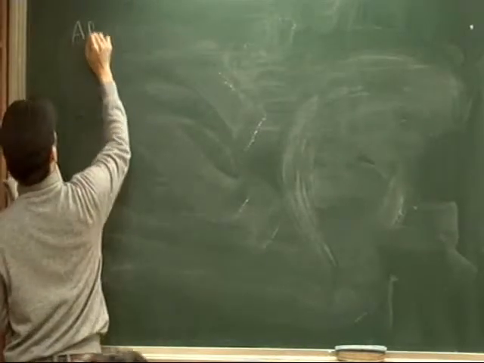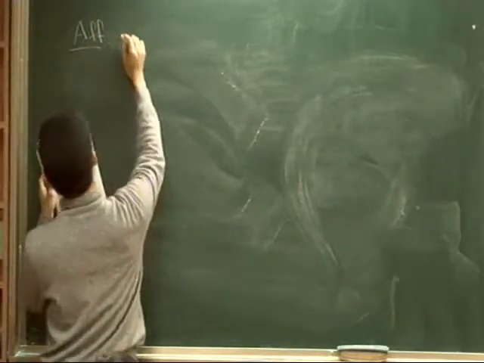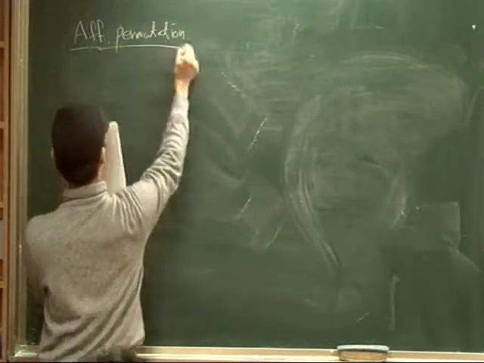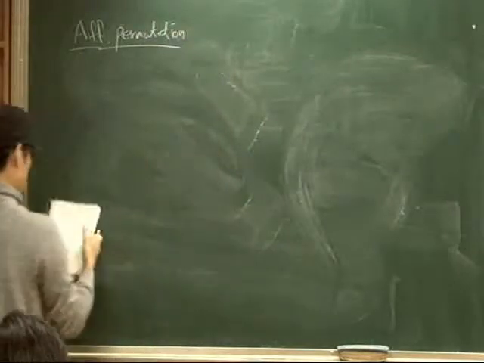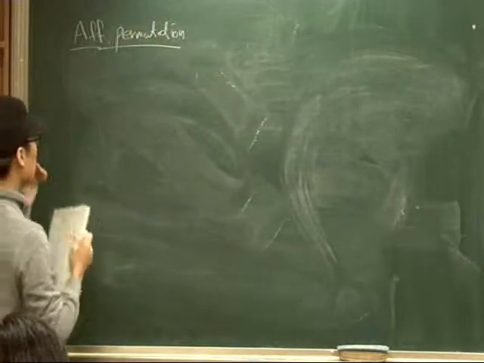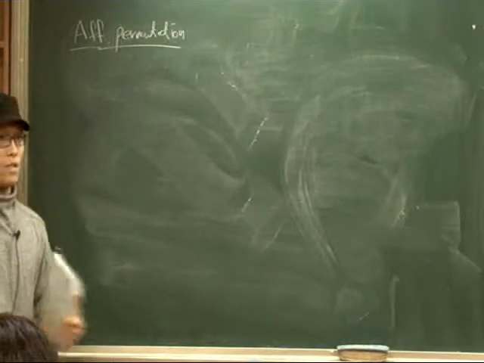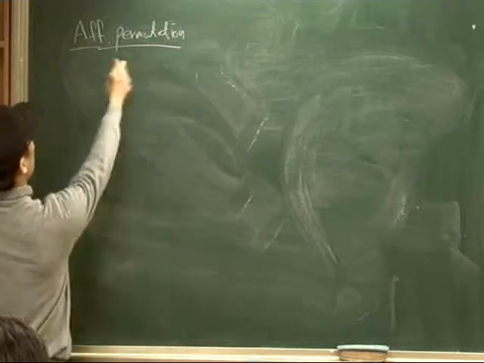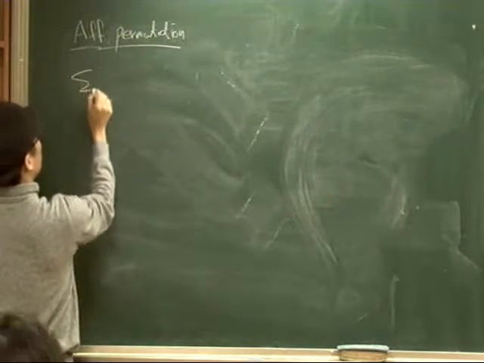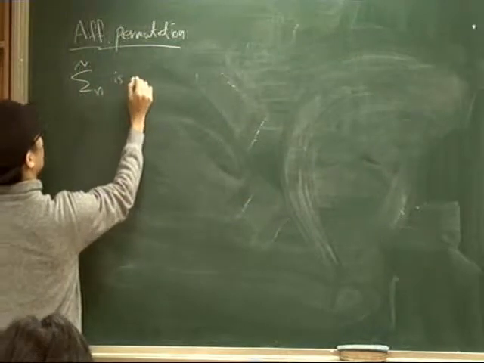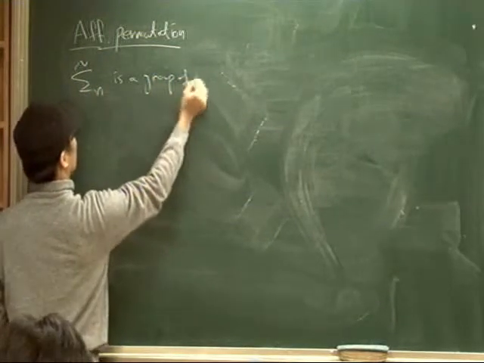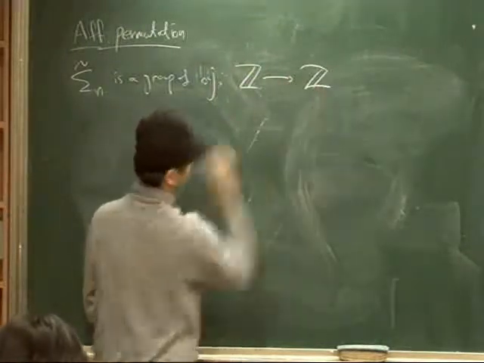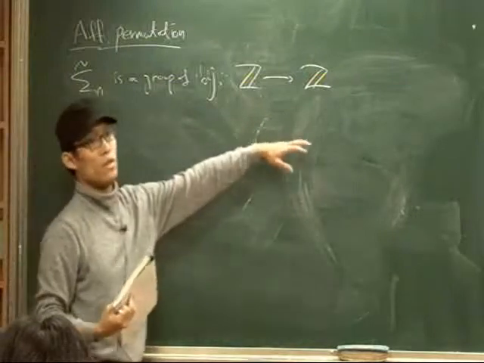Okay. Now we talk about affine permutations. Affine permutation is an affine extension of the finite symmetric group. So it's a group of bijections that goes from integer to integer.